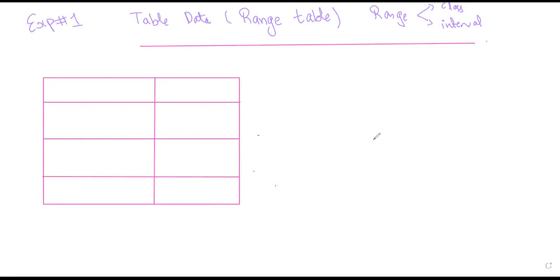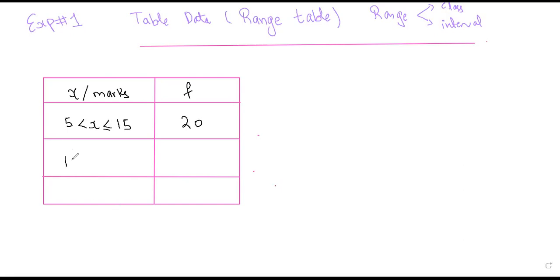Okay. So here we have X. These are the marks. And then we have the frequency. So the number of students who have their marks between 5 and 15 are 20. Okay.